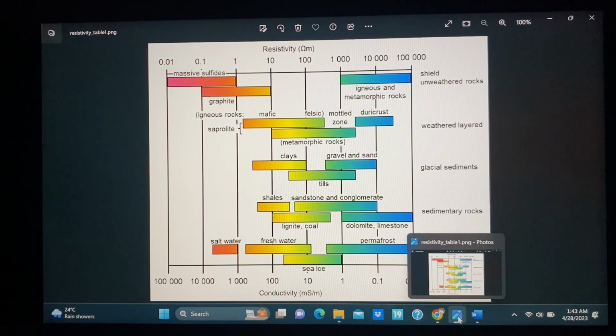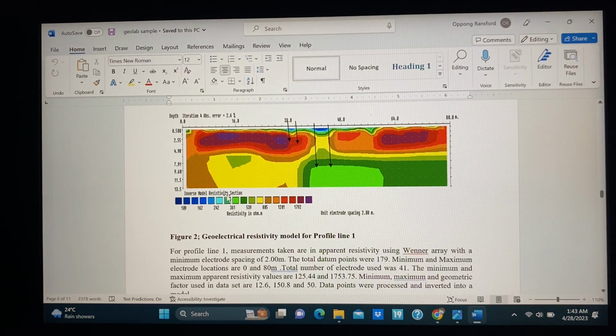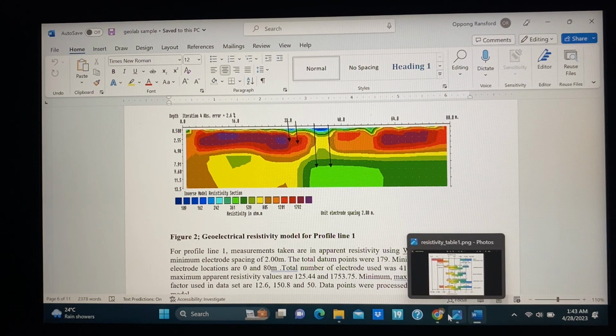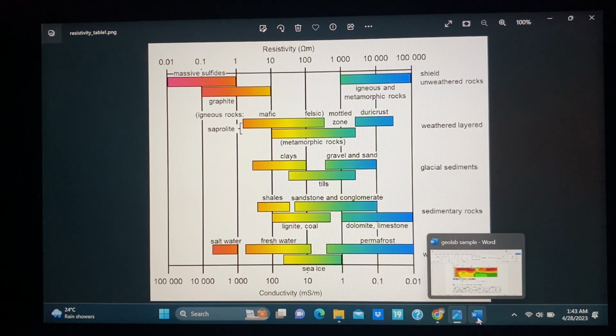When it comes to the green side, which ranges from 300 to 800, it has the probability of being a gravel, tills, sandstone, coal, sea ice. So you just include them in the results.